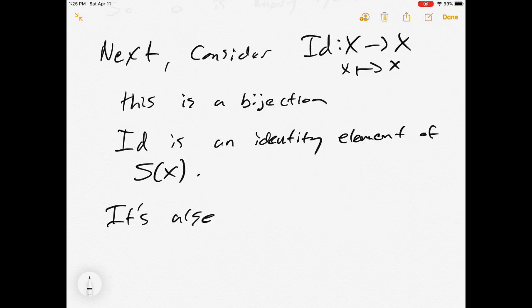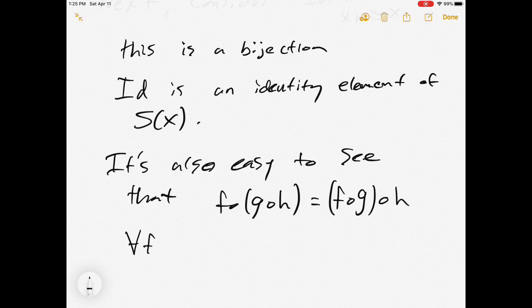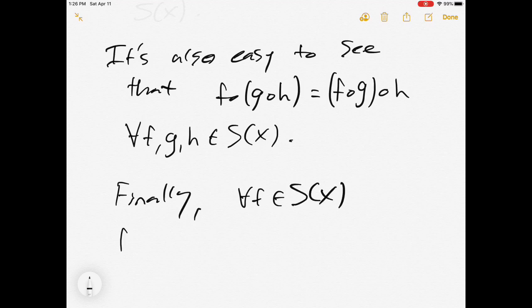It's also easy to see that composition of functions is associative. Finally, for all f in S of X, since f is a bijection, f inverse is defined and also a member of S of X.